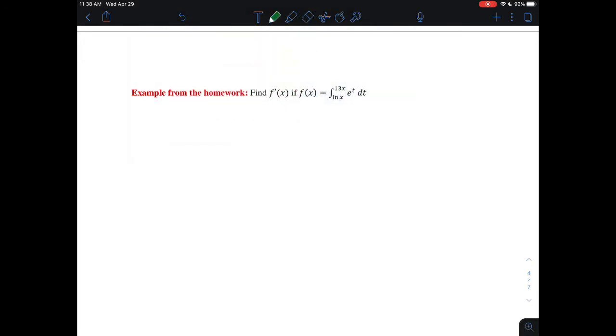What I'm going to do is first write f of x by splitting up that integral. This is using another property of integrals that we saw in the previous section. I'm just going to make up a constant that is somewhere between the natural log of x and 13x, because it doesn't matter what that constant is.